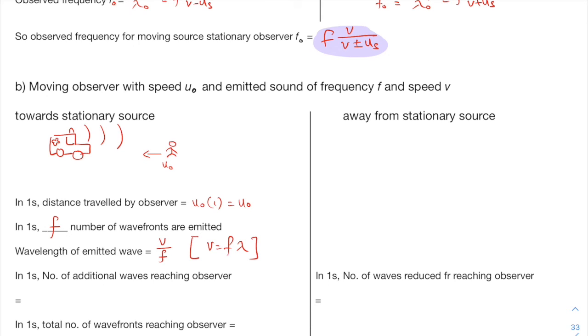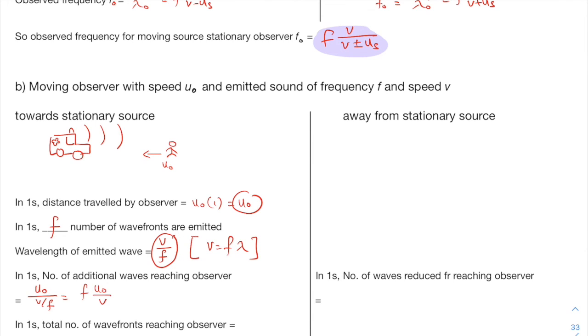In 1 second, the number of additional waves would be this distance divided by this wavelength, so it will be u_o divided by v over f. And this works out to be f u_o over v.